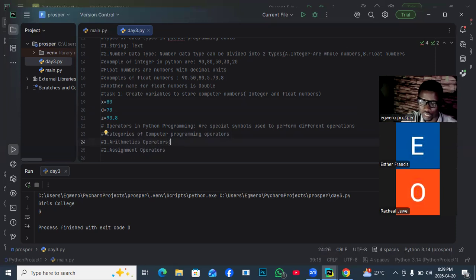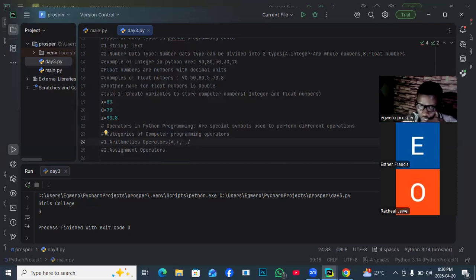Since we said that operators are symbols, under arithmetic we have these. The asterisk represents multiplication, the plus represents addition, the minus represents subtraction, and this represents division.